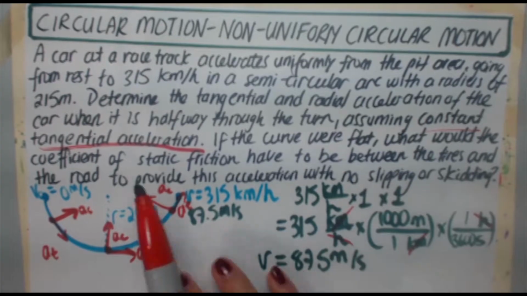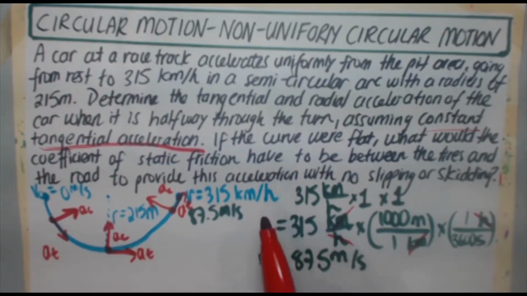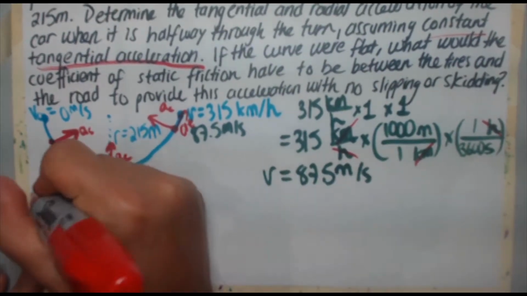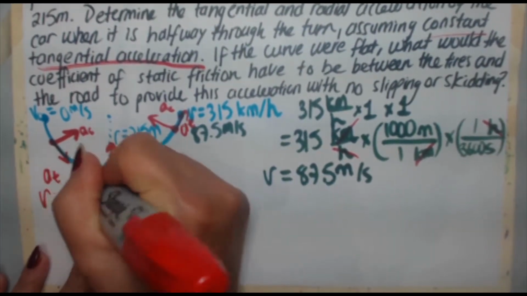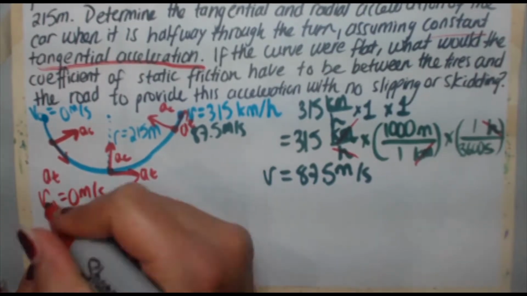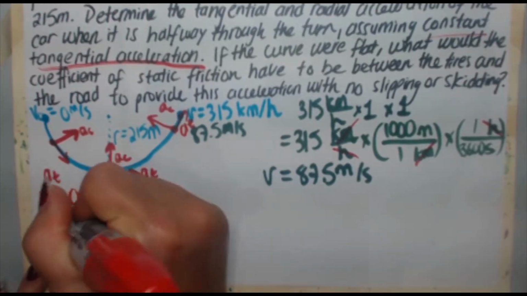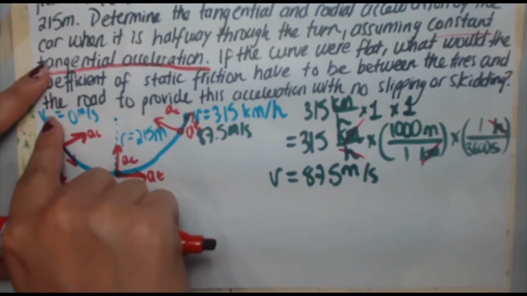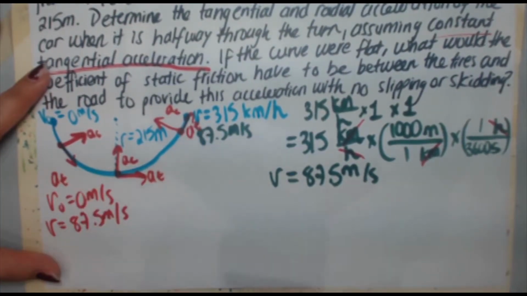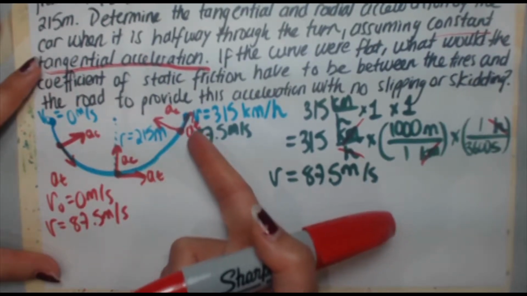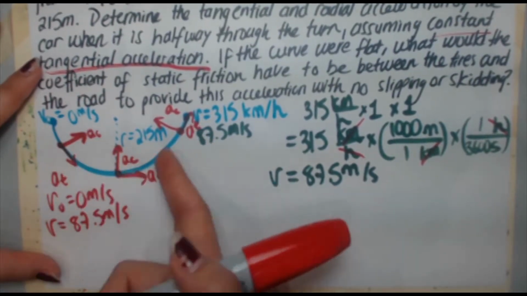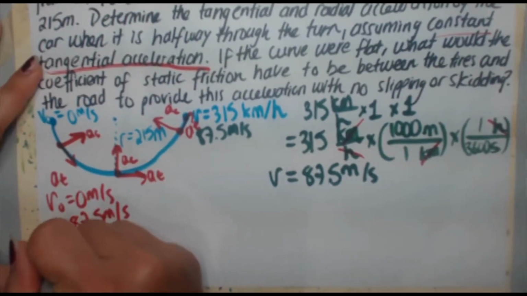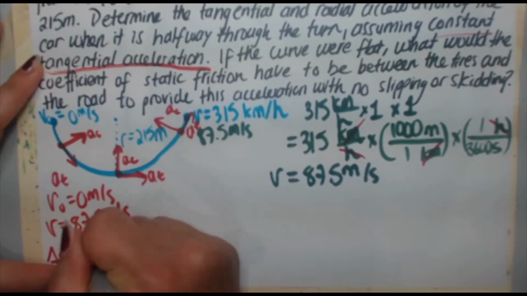So constant tangential acceleration, let's find that first. We know that our initial speed is 0 meters per second. We determined our final speed to be 87.5 meters per second. What distance is the car driving through in this pattern? Well, if this is half a circle, and we know that the distance for an entire circle is the circumference, therefore the distance here is going to be half the circumference of a circle.